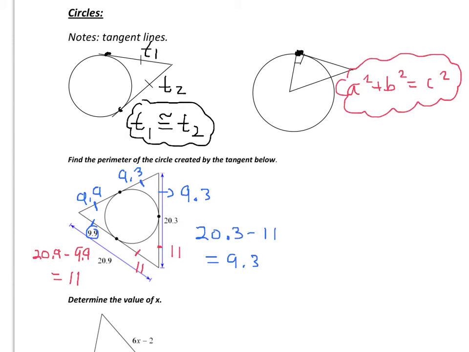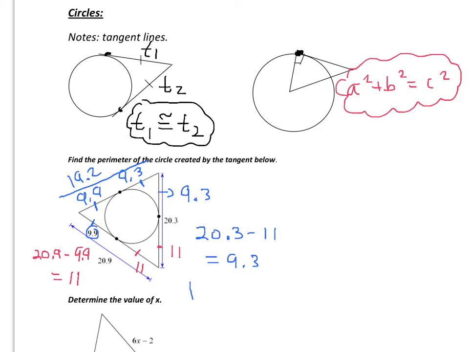If we want to find the whole side, then the whole side is 9.9 plus 9.3, and that should be 19.2. So this is 19.2. So we have 20.9 plus 20.3 plus 19.2, and that should give us the perimeter.